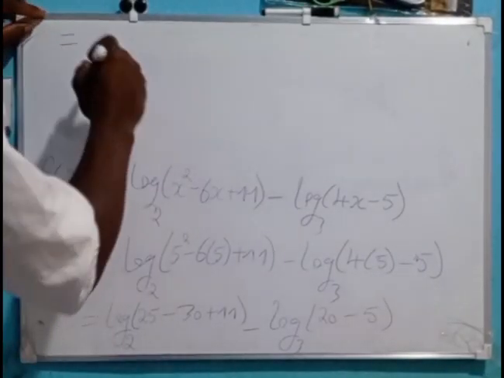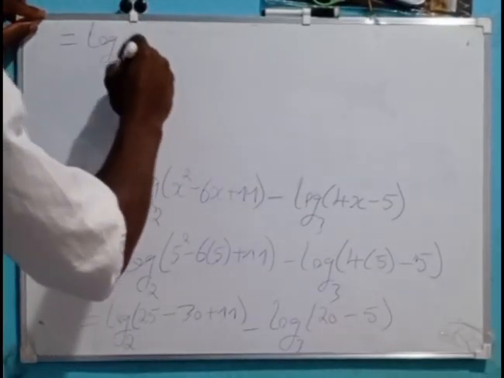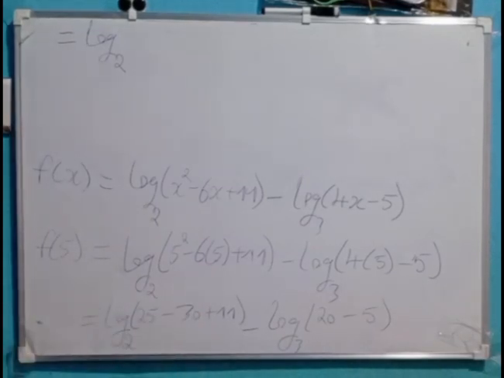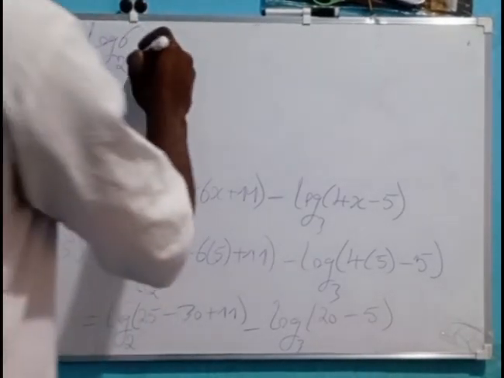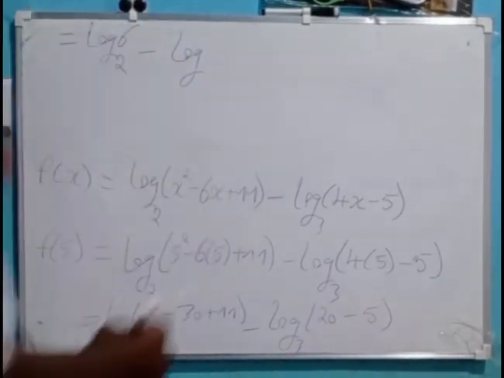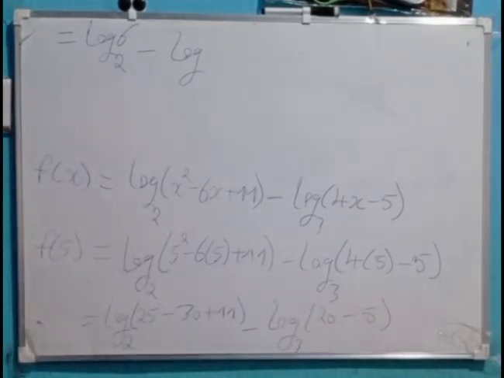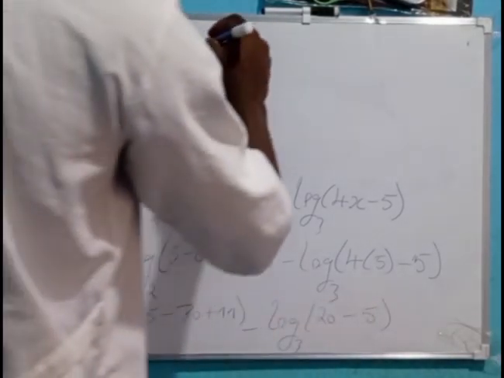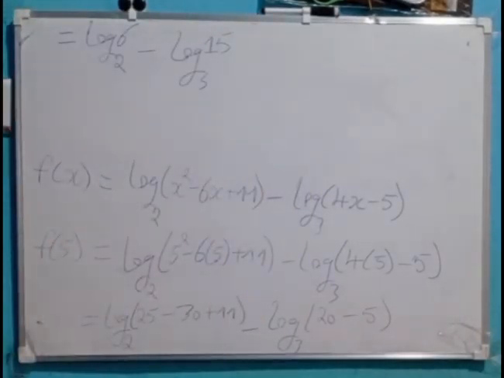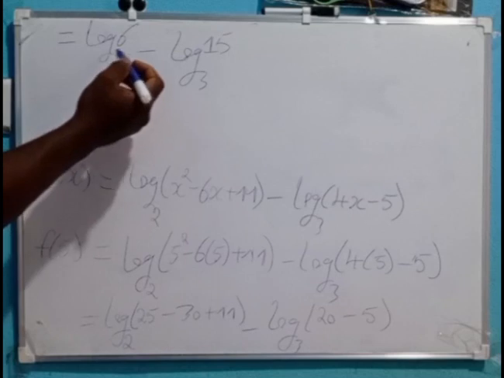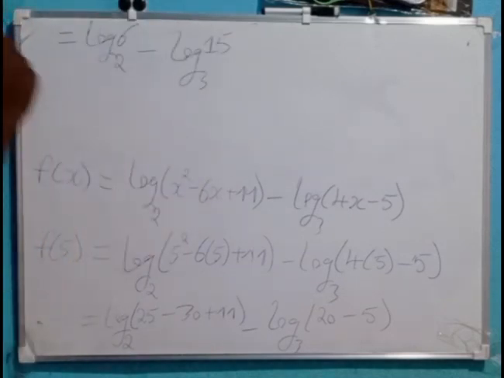This will simply be equal to log to the base 2 of 25 minus 30 gives us negative 5, negative 5 plus 11 gives us 6. This will give us log 6 base 2 minus the log of 20 minus 5 gives us 15, base 3. Next, we have to simplify the result: log 6 base 2 minus log 15 base 3.